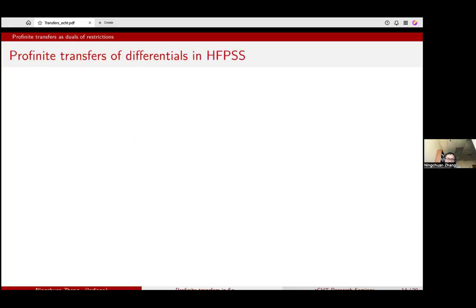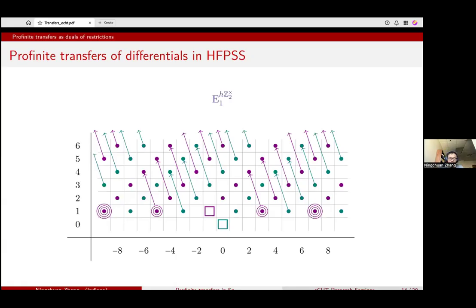Okay. And also, not only can we transfer those atoms, we can also transfer differentials. Let me showcase one example at height 1. This is a picture of the homotopy fixed point spectral sequence to compute the K1-local sphere at prime 2, which is a fixed point of the first Morava stabilizer group by Z2 cross.